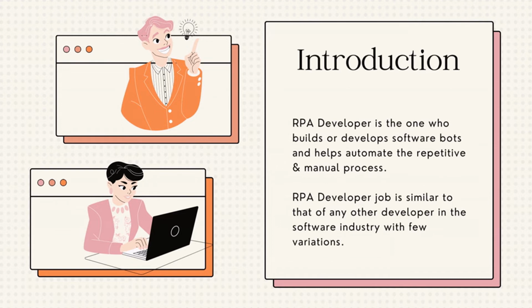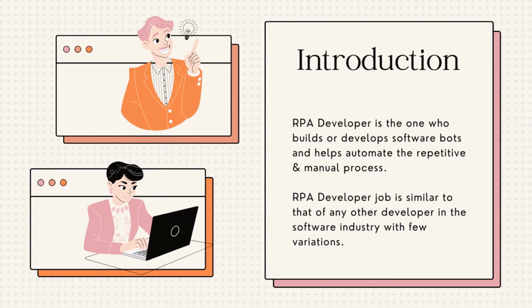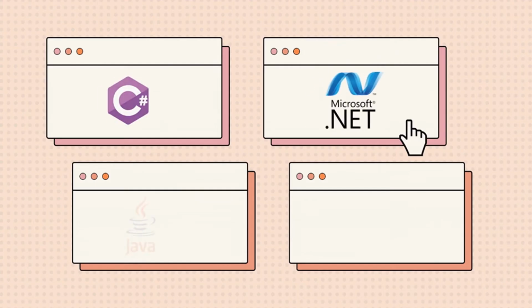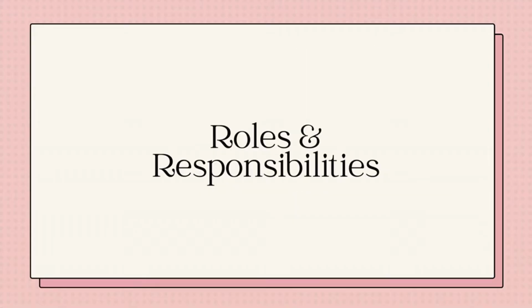The RPA developer will be the one who builds the bot using one of the RPA tools like Automation Anywhere, UiPath, Blue Prism, Power Automate. So this is similar to a developer who is developing a website or software using tools like C Sharp, Visual Studio .NET, Java, Python. I would not say it's the same, it's similar.